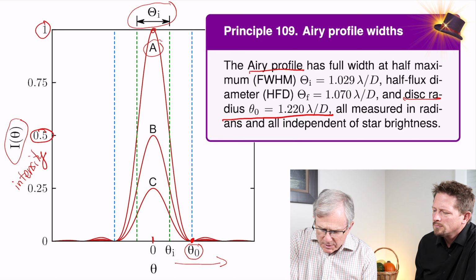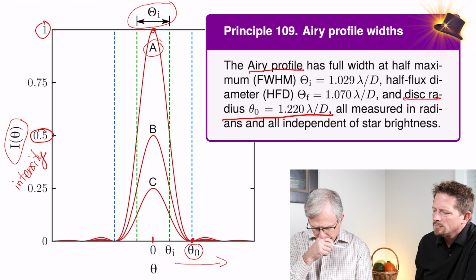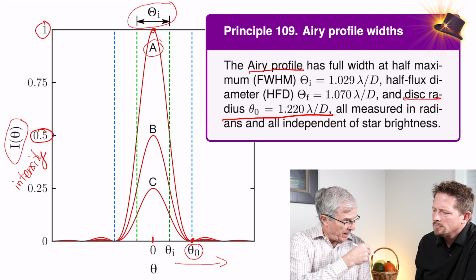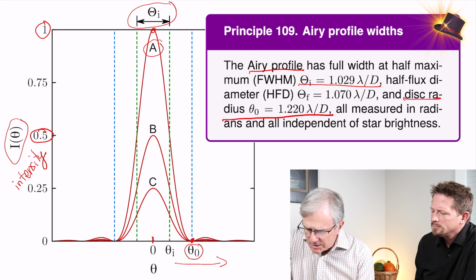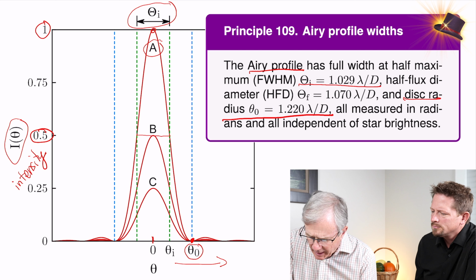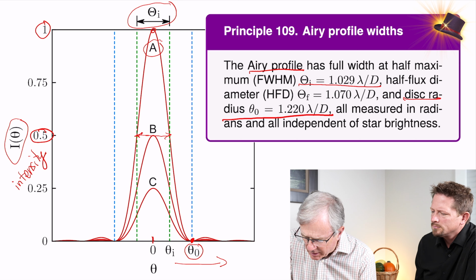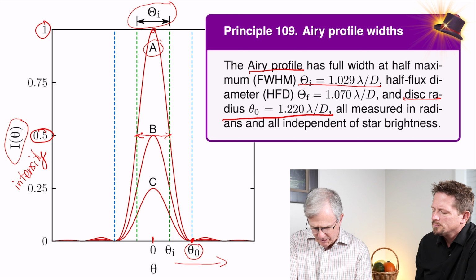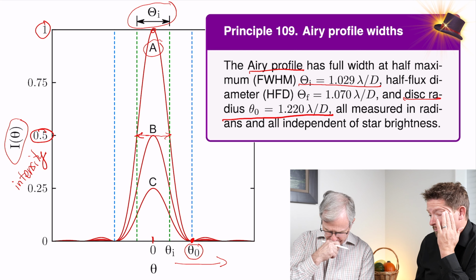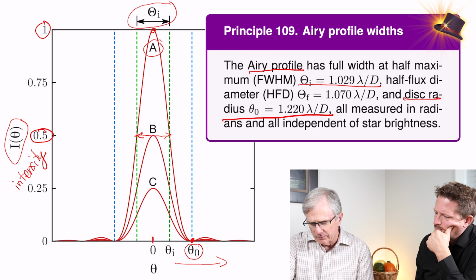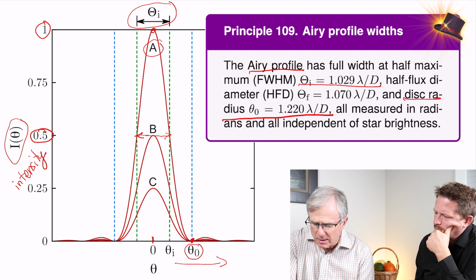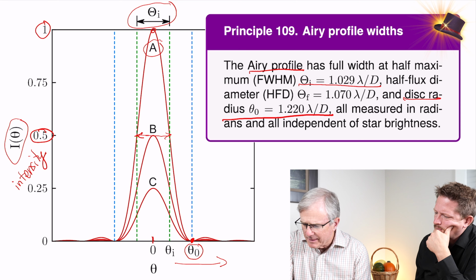Half its maximum is going to be 0.5. That's what we mean by the half max part. This capital theta I is the full width at that half max. So at that position here, it's the distance between those 2 points, the distance between where the profile intersects these green vertical dotted lines. And so that's called the full width at half max.